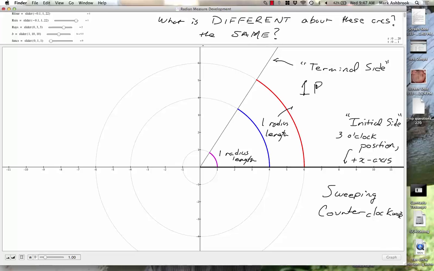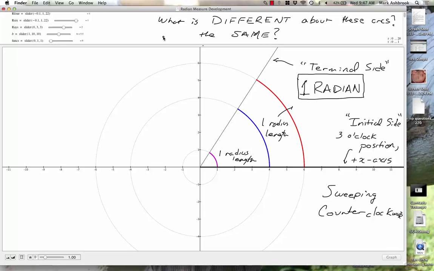That's what a radian is. It's about what arc length is cut off. An angle with a measure of 1 radian has rays that cut off 1 radius length, no matter what circle you're looking at.